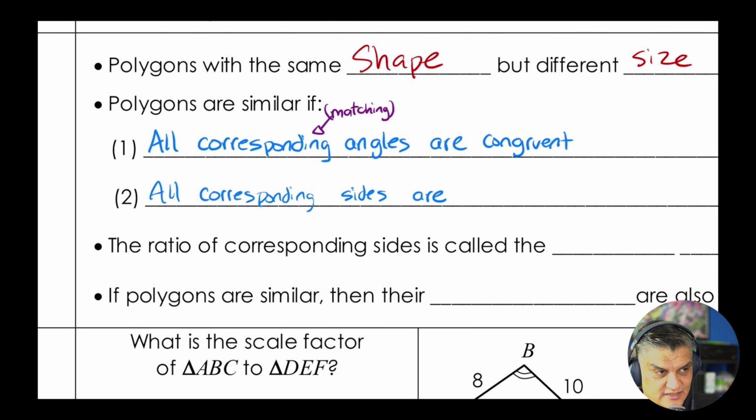Okay, so we can say the corresponding sides are what? If they're growing at the same rate, what's another word for rate that we've been talking about this past week? If they grow at the same rate, that means they grow with the same, what's the word?